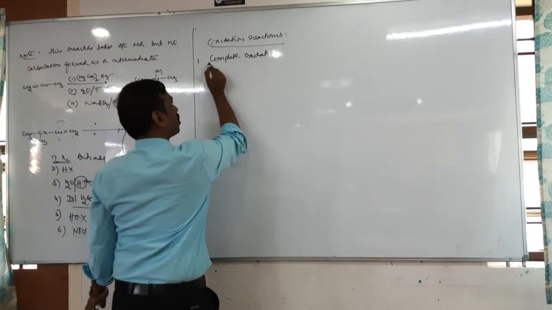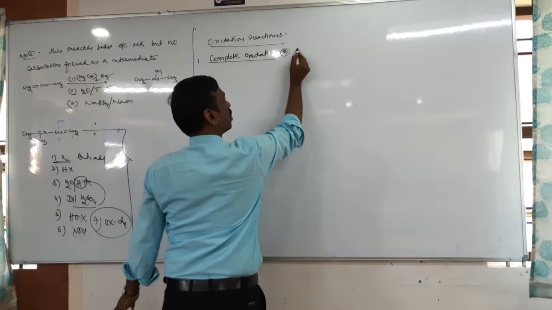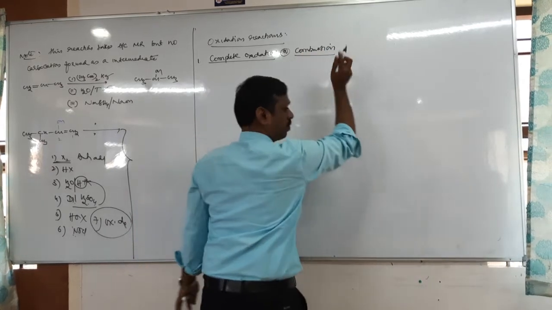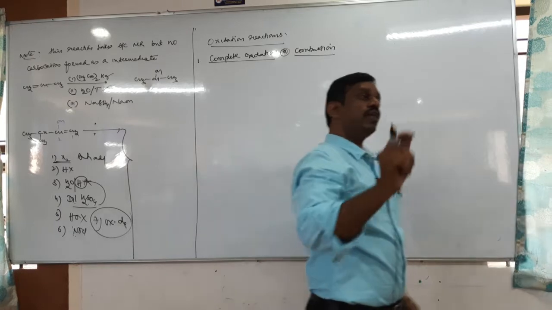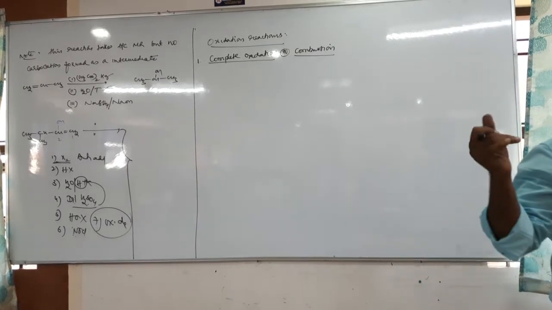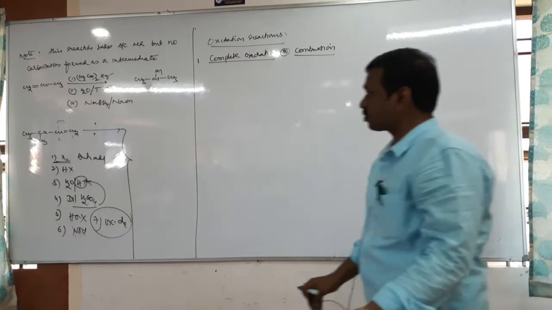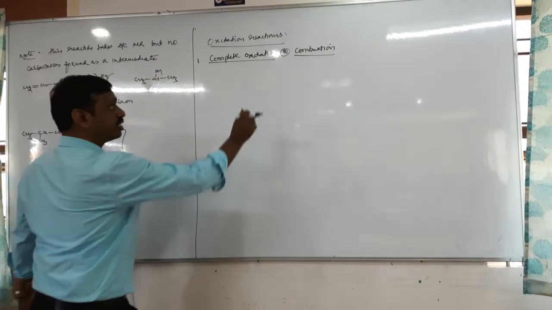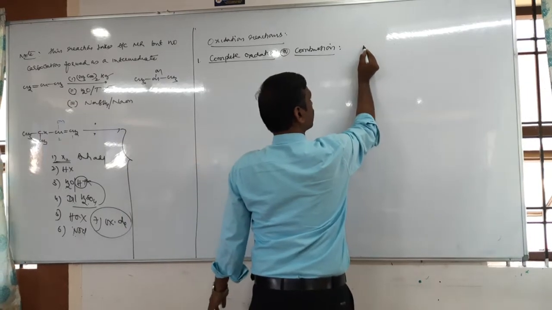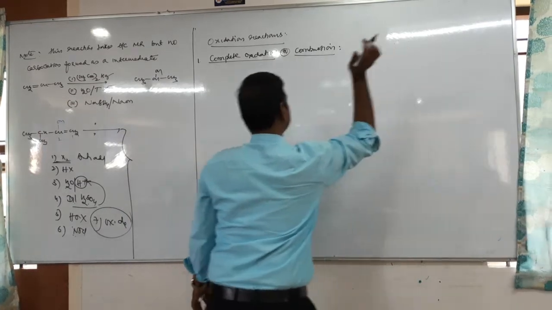This complete oxidation is also called what? Combustion. Tell me, alkenes undergo complete oxidation or combustion. They form carbon dioxide and water. Okay. So therefore, alkenes undergo complete combustion. They form CO2 and water.